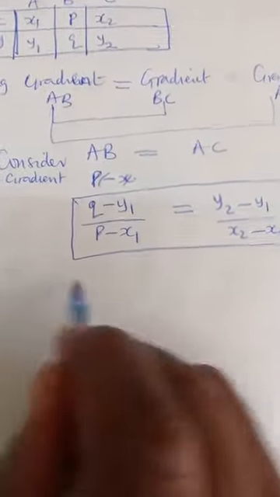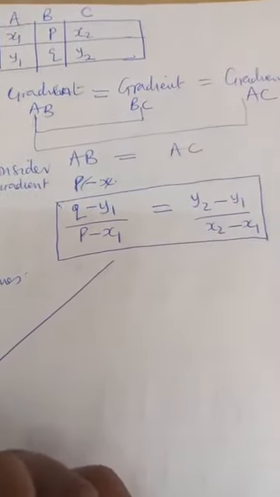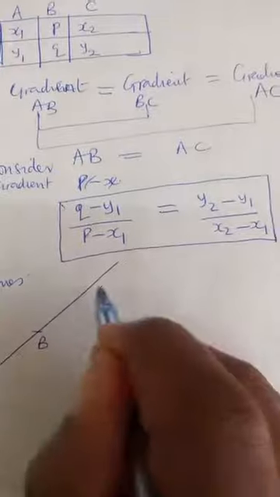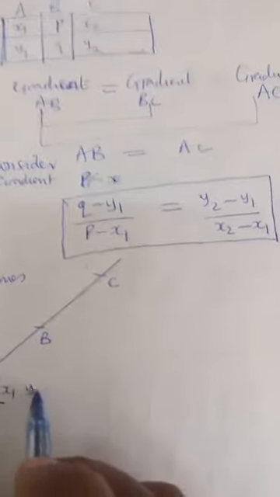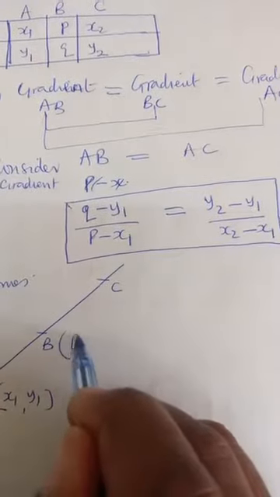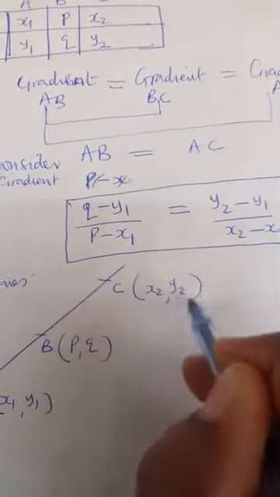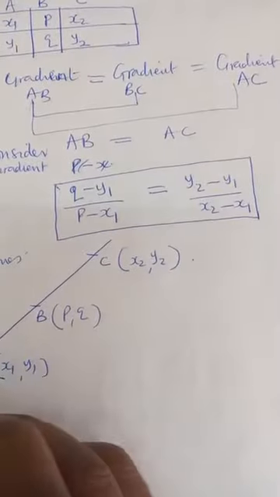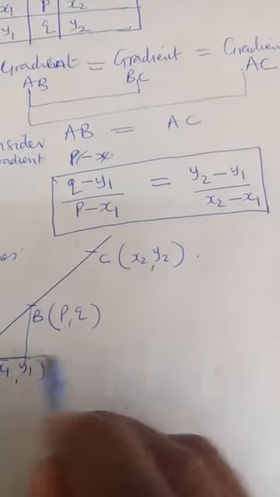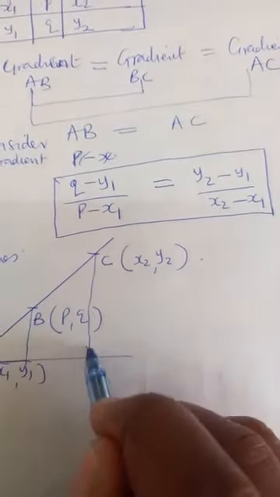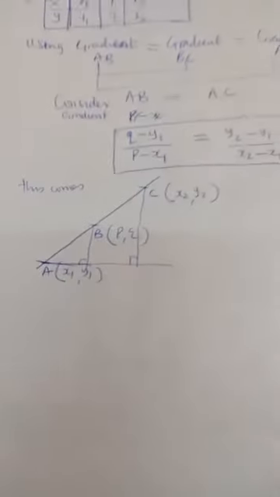This is derived from the line, where we have point A, point B, and point C, where point A is X1, Y1, point B is PQ, and point C is X2, Y2. So the gradient between A and B should be equal to the gradient between A and C. We use that simple approach.